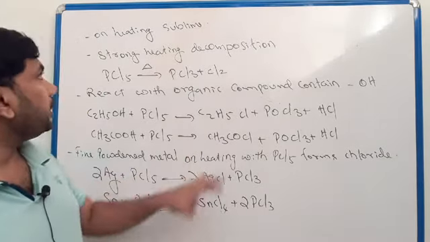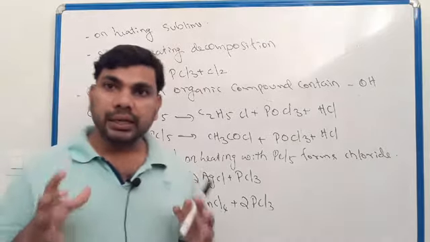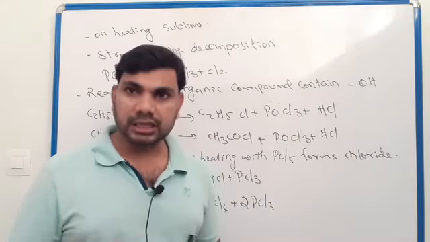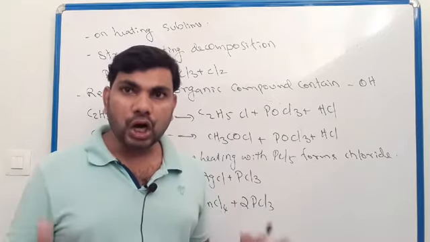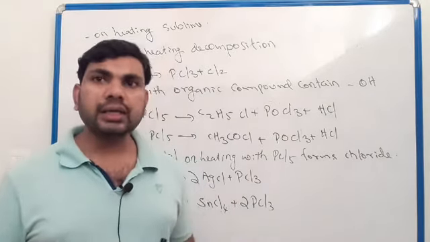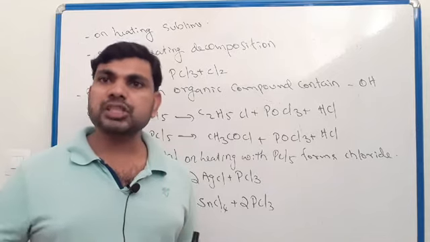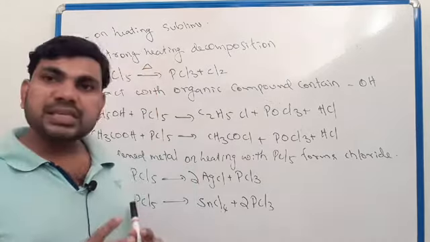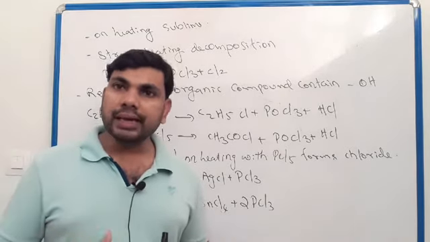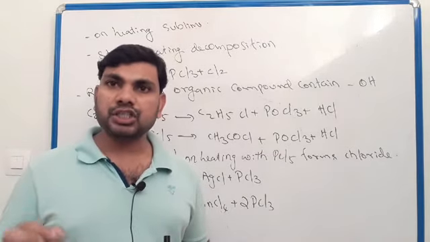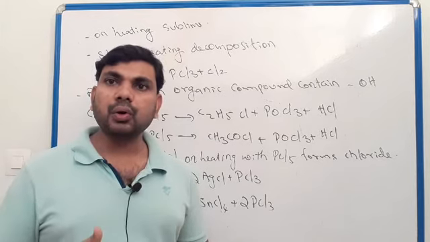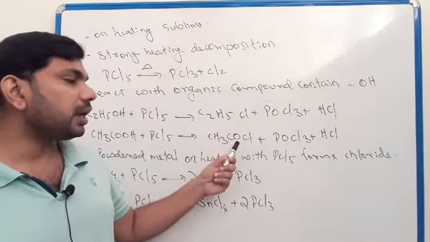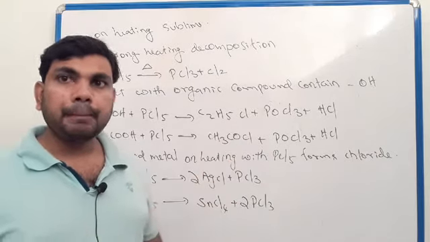So here we discussed that on heating PCl5 will sublimize and change to the gaseous state, but after strong heating PCl5 decomposes to PCl3 and chlorine. PCl5 reacts with organic compounds which contain the OH functional group, for example alcohol and carboxylic acid, to form alkyl halide and carbonyl chloride.